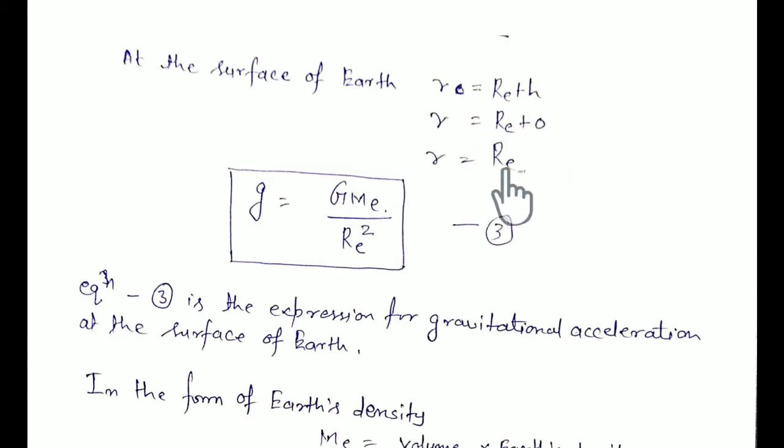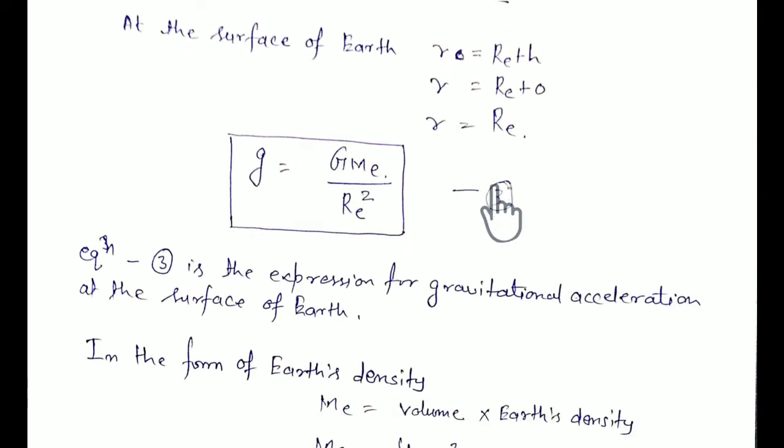So small r is equal to capital Re, which means the object is situated at the earth's surface. So at the surface of earth, small g is equal to capital G Me upon capital Re square.